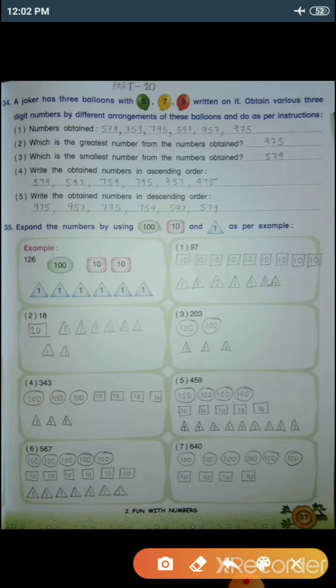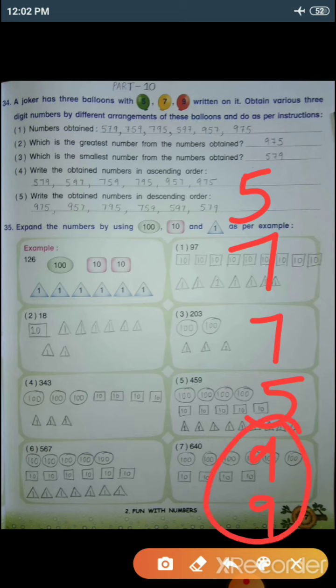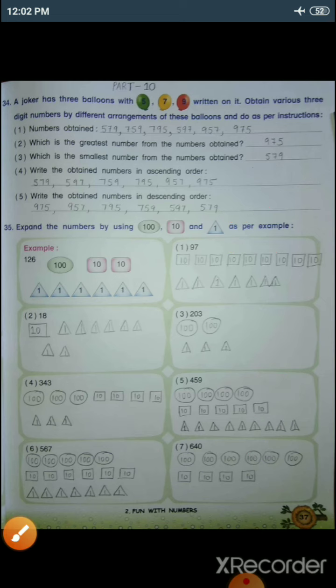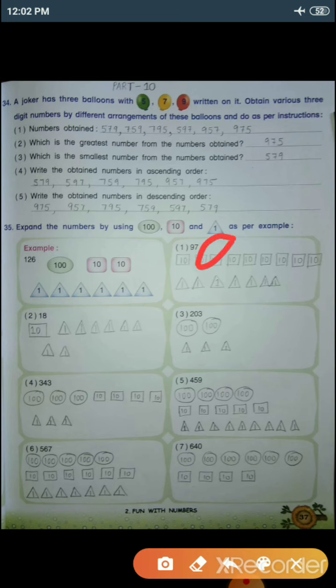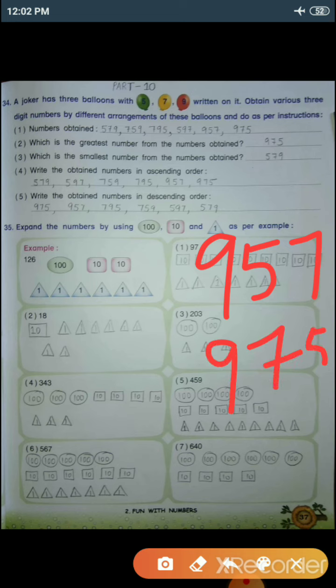So let's see. First we'll concentrate on the first digit. In 579, 5 is the first digit, then 7, 5, 9 and 9. So the biggest digit is 9 and 9, so we'll take the last 2 numbers, 957 and 975.